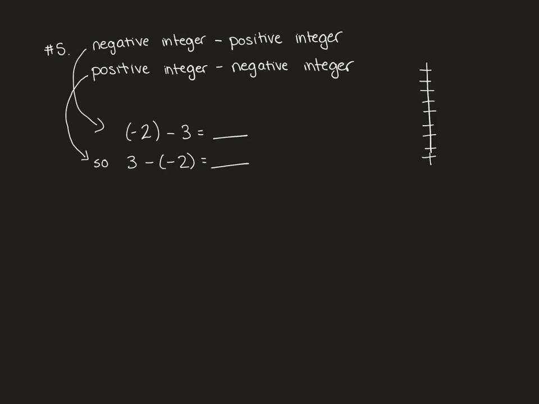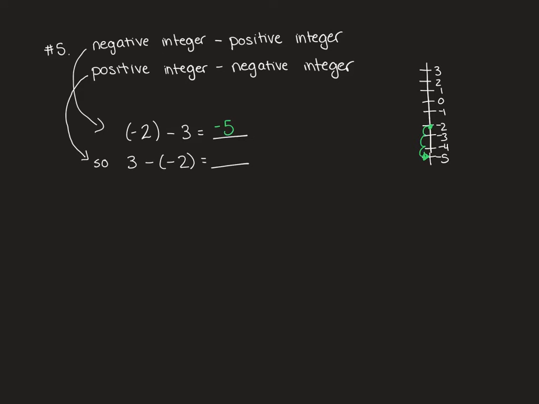They'll have one available. 3, 2, 1, 0, -1, -2, -3, -4, -5. So our first one is -2 minus 3. So go down 1, 2, 3 is -5.